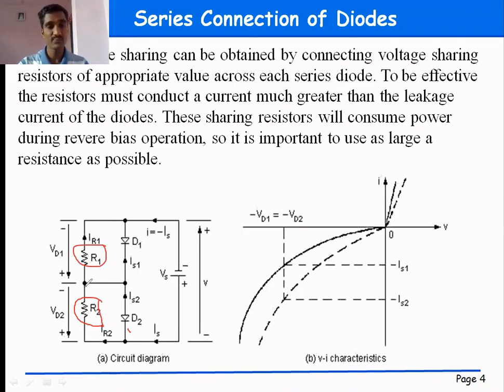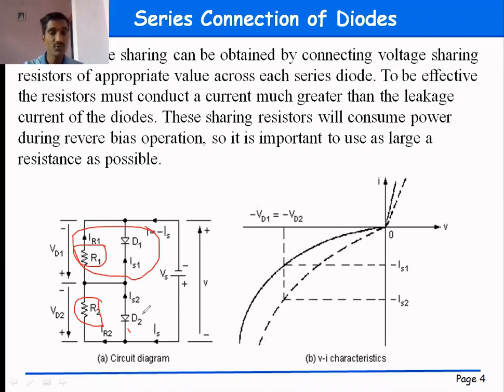Because of the same resistance value, the voltage developed across R1 is the same as the voltage developed across R2. This resistance R1 and diode D1 are in parallel configuration, and we know that the voltage across parallel elements is the same. The voltage across diode D1 and the voltage across the resistance are the same, and this is nothing but VD1.